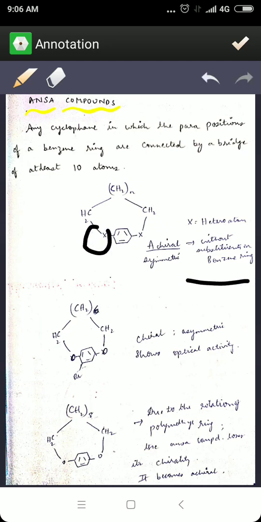There are only heteroatoms connected at para, with no substitutions on the benzene. So this becomes an achiral molecule with symmetry in it.